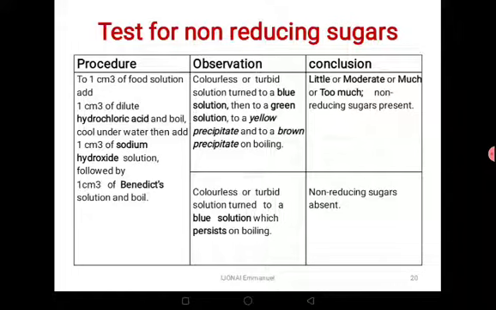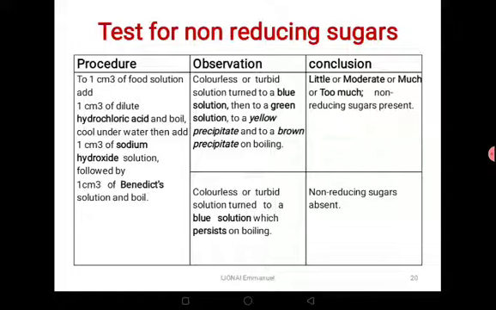In this test, to 1 centimeter cubed of a food solution, you add 1 centimeter cubed of dilute hydrochloric acid. Or sometimes you can be told to add drops, maybe 5 drops of dilute hydrochloric acid, and then you boil. And then after boiling, you cool under water. You put the test tube in cold water.